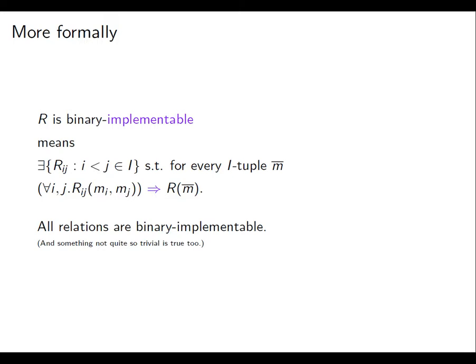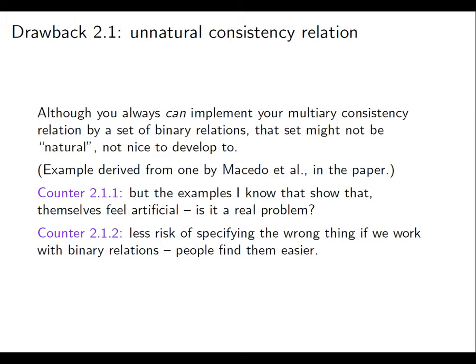Now, in fact, something not quite so trivial is also true, and you should see the paper for details of that. Okay, so we can refine the consistency relation as a second possible solution to enabling us to work only in terms of binary relations. Are we happy? Well, maybe.